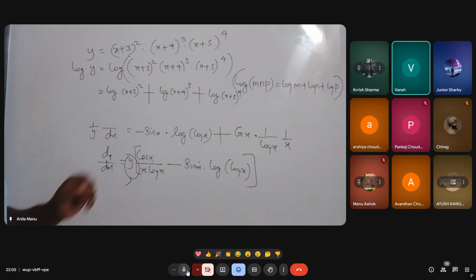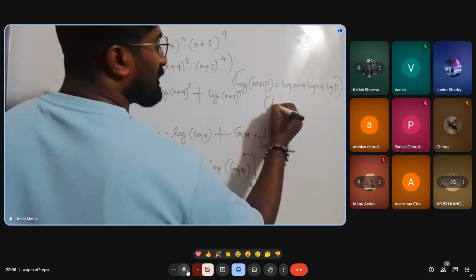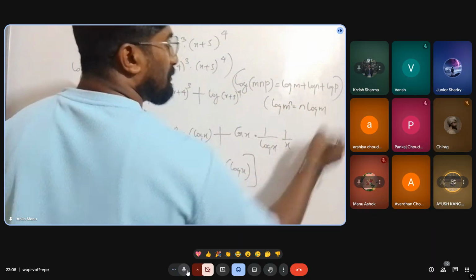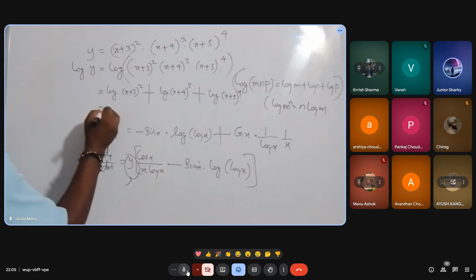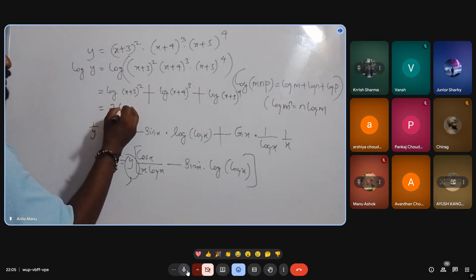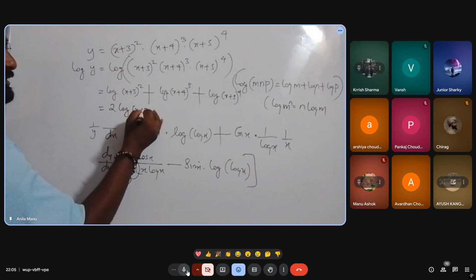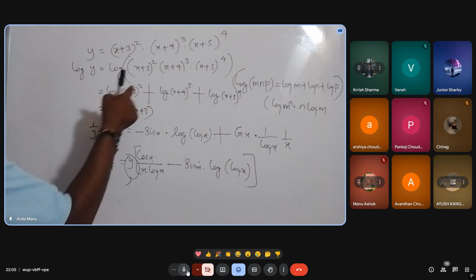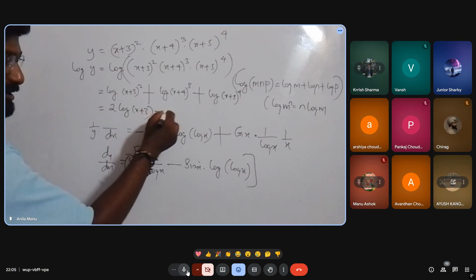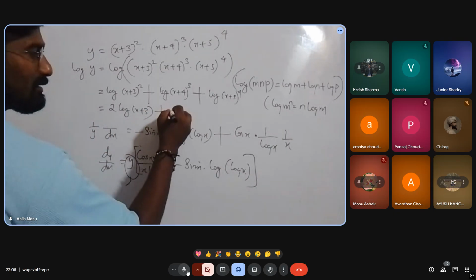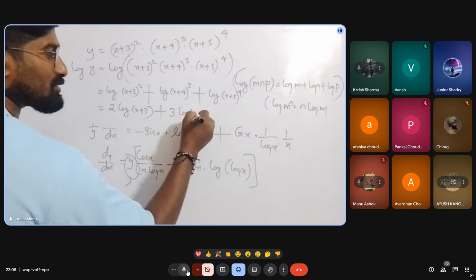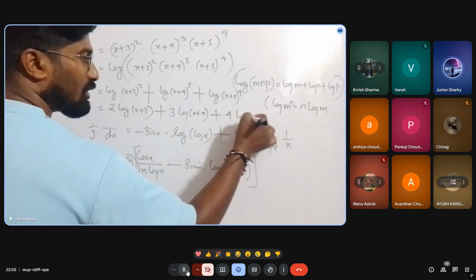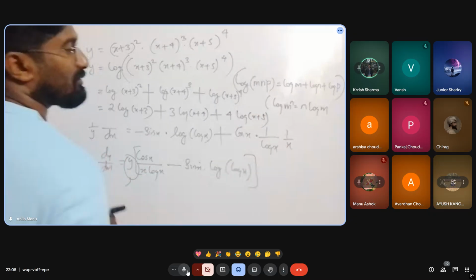Log m raised to n, very good. In the second step, you can use the log m raised to n property, that is n log m. So you can write it as 2 log of x plus 3 plus 3 log of x plus 4 plus 4 log of x plus 5.